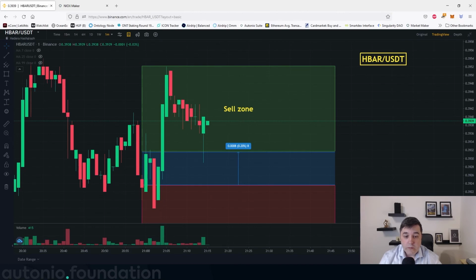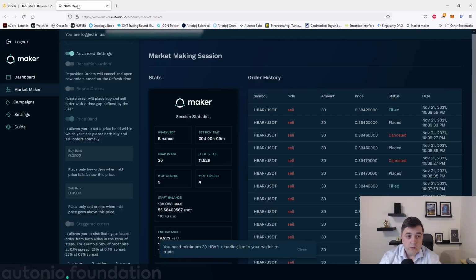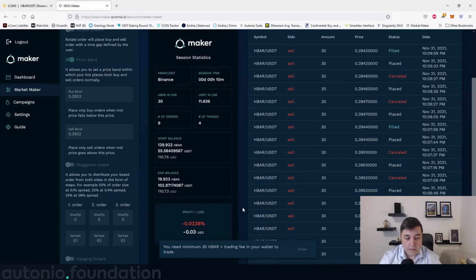I waited a few minutes before I closed this session, and unfortunately the price action didn't go down. But if we go to the market maker, we see, oh my god, we don't have the minimum balance, the bar plus the trading fee.